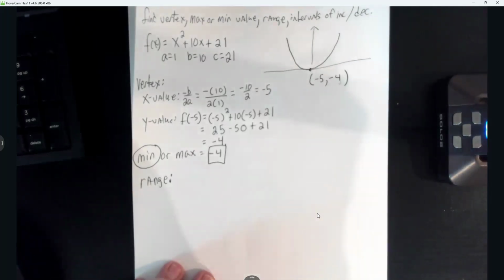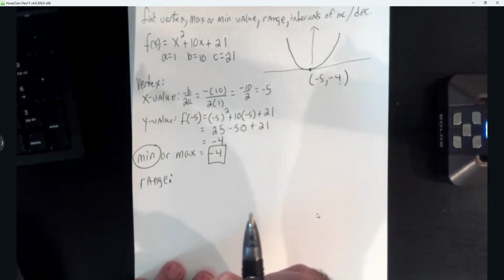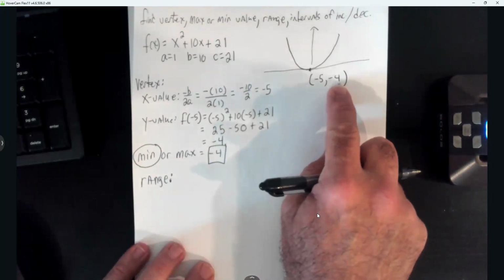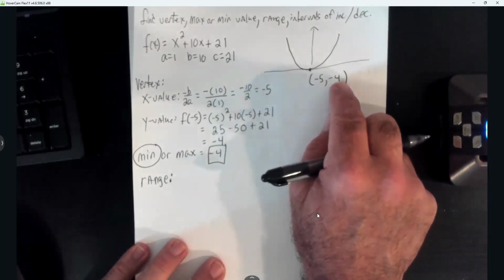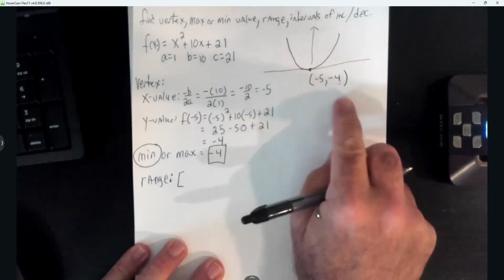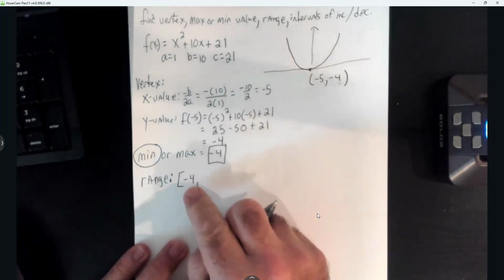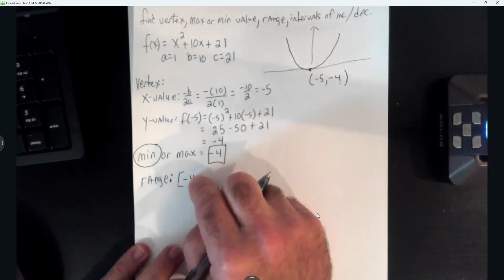So for the range, they want interval notation. So the smallest value is negative 4, and it can equal negative 4. So when you do the interval notation and it equals that number, you gotta put a bracket around the number, because brackets means it equals that number.